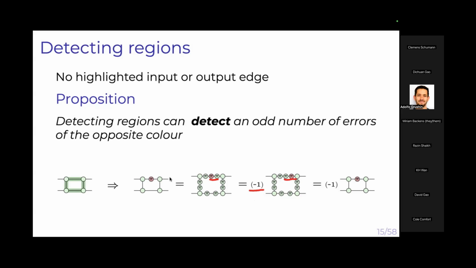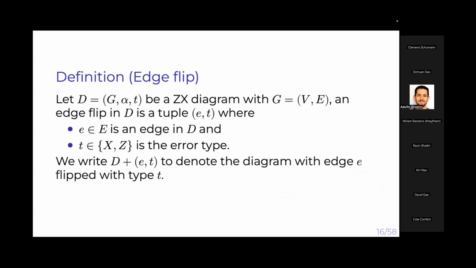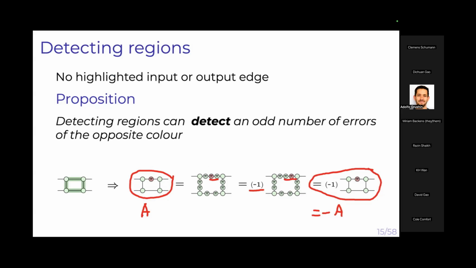And then if we look at the overall picture, we see that this diagram equals to this diagram. And in particular, let's say this is our diagram A, it is equal to -A, right? Because there is the minus phase. This means that A has to be 0. Okay. So these were all the concepts related to polywebs.